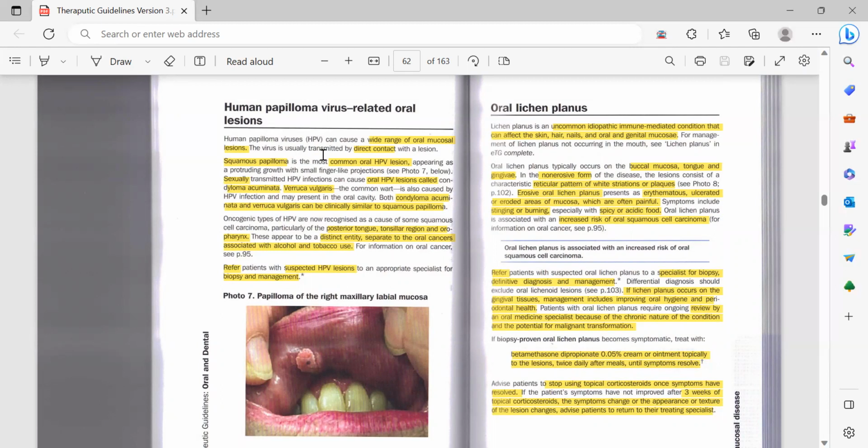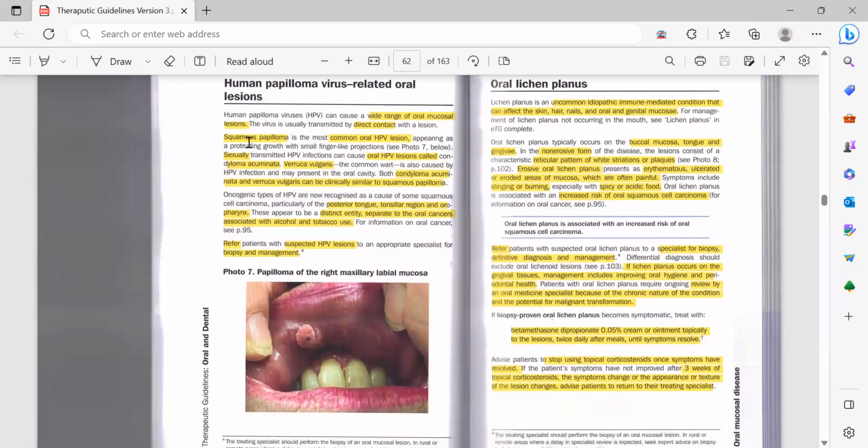So this is the HPV infection, which is caused by viruses and can cause a wide range of oral mucosal lesions. The virus is usually transmitted by direct contact with the lesion, so it is infectious. Squamous papilloma is the most common oral HPV lesion.